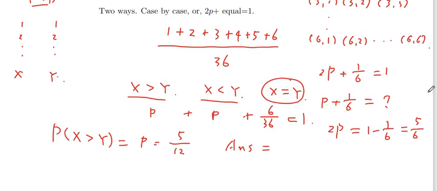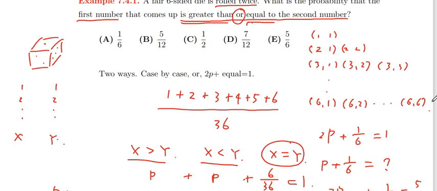So the answer is the probability of larger than plus the probability of equal, which is 5 over 12 plus 1 over 6, which is 5 plus 2, 7 over 12. So this should be our answer.